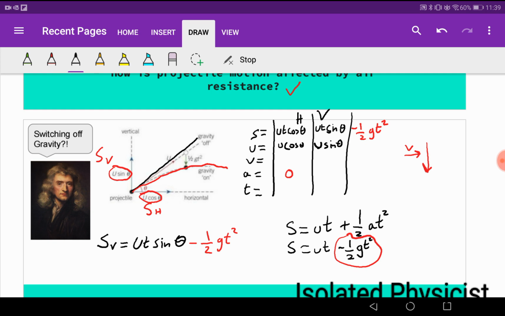And just to show you what the velocity looks like, well, v equals u plus at, right? So v would just equal u sine theta. Then by putting gravity back on, we have minus gt. So the terms in red are what we get if we put gravity back on.